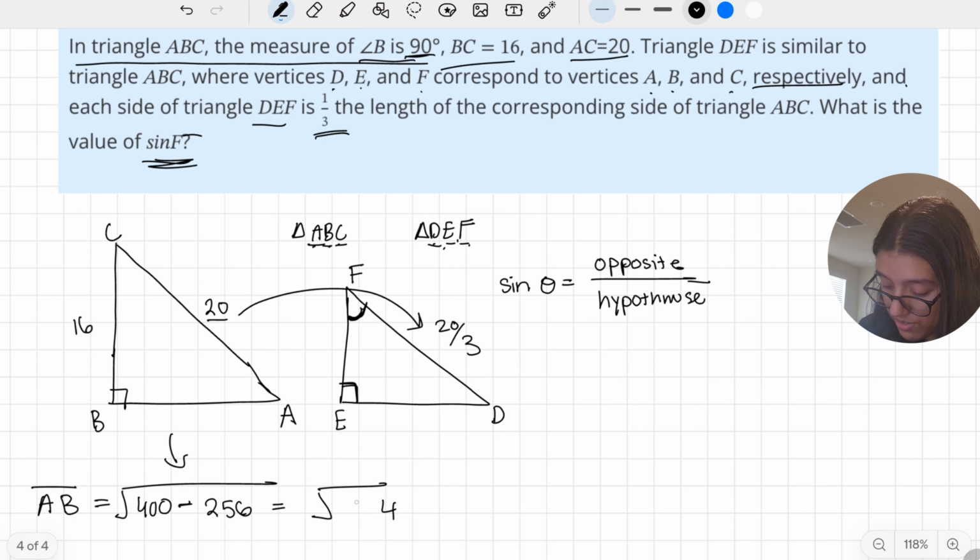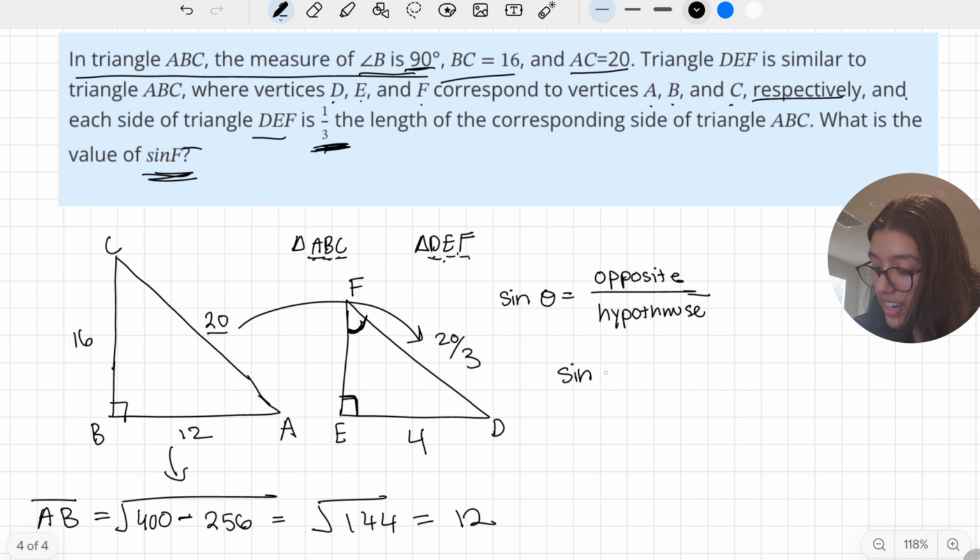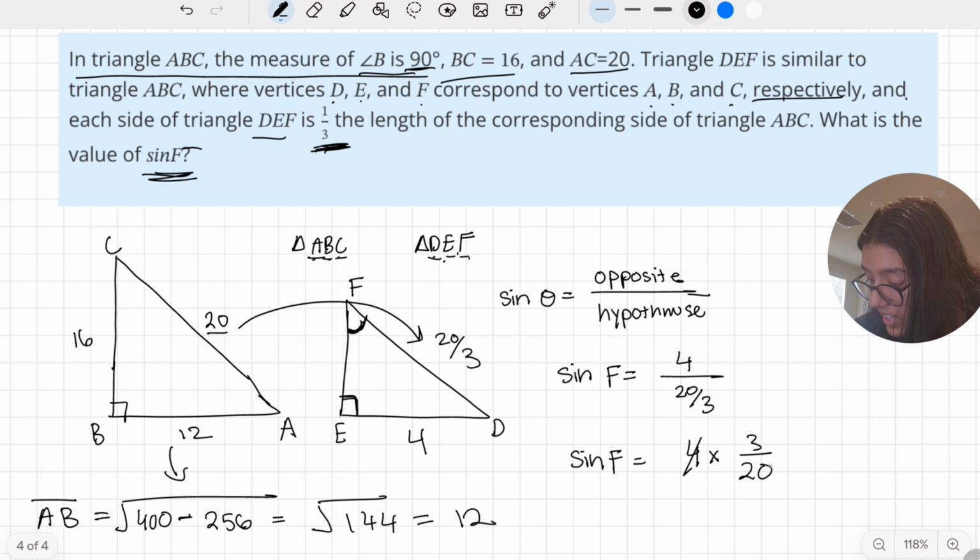Now that we know side AB is 12 units, using this 1/3, we could say that side DE is 4 units. Now we could say that sine of F is 4 over 20 over 3. In this case, sine F is equal to 4 times 3 over 20. Canceling that out, we get sine F is equal to 3/5.